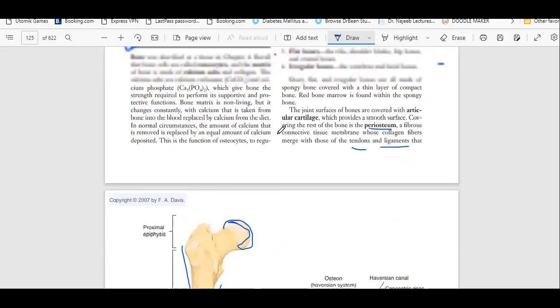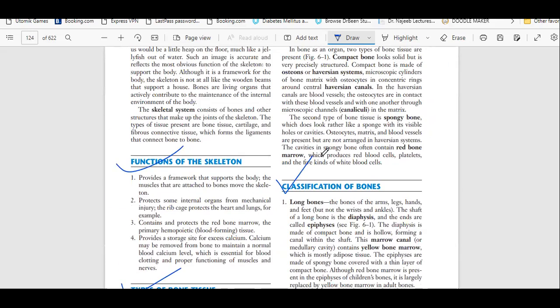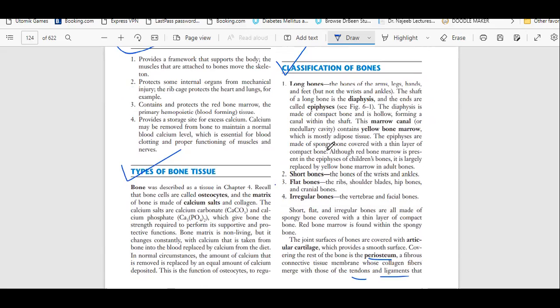So this is all about the classification of bones: long bone, short bone, flat bone, and irregular bone. In long bones in children, the red bone marrow produces blood, but later, when the child becomes an adult, it stops working and the red bone marrow converts into yellow bone marrow. We have to remember this. Second, where is blood produced in the adult?